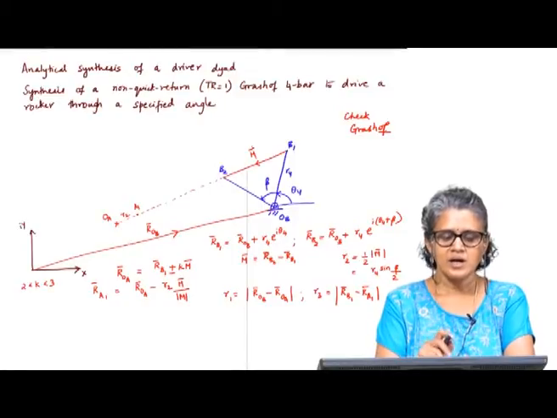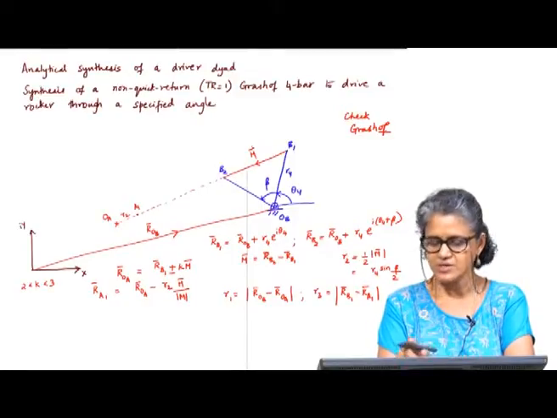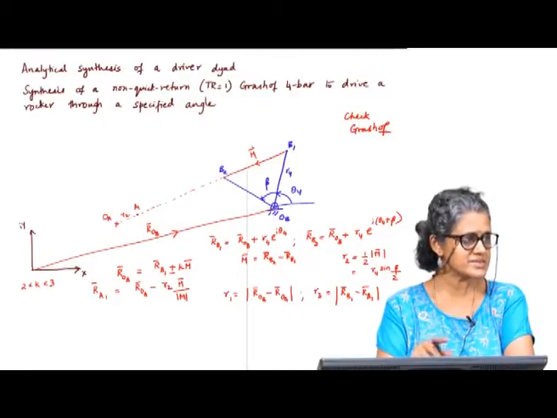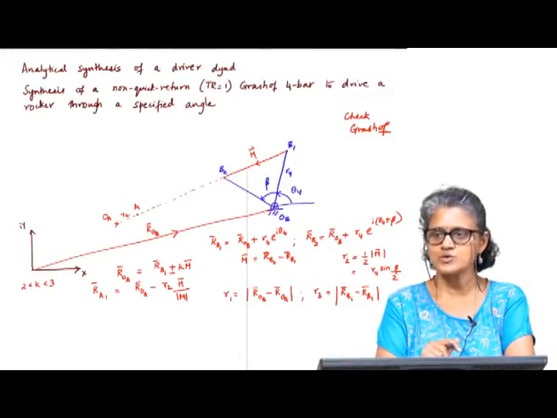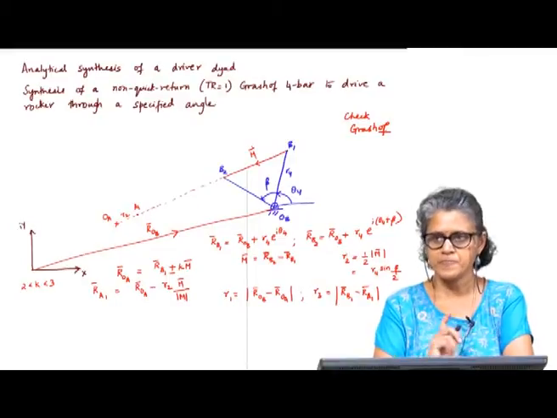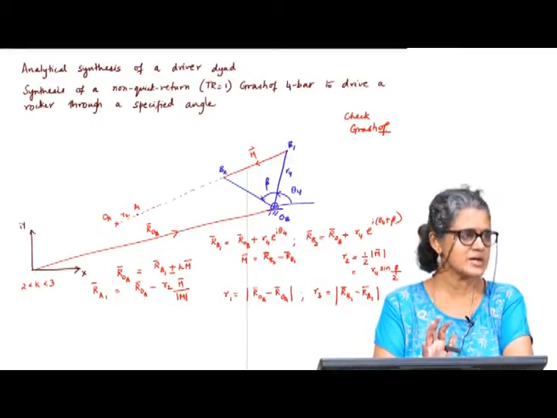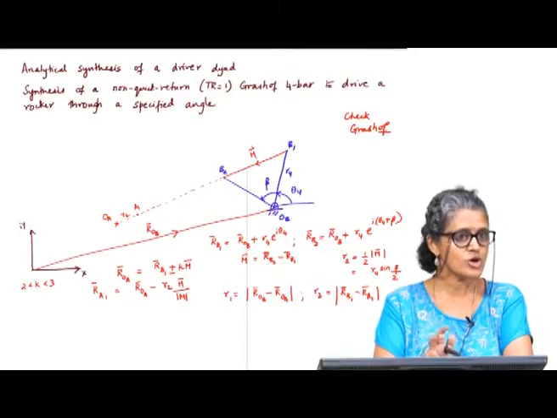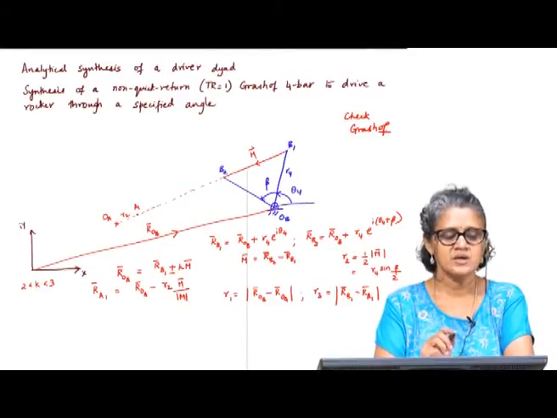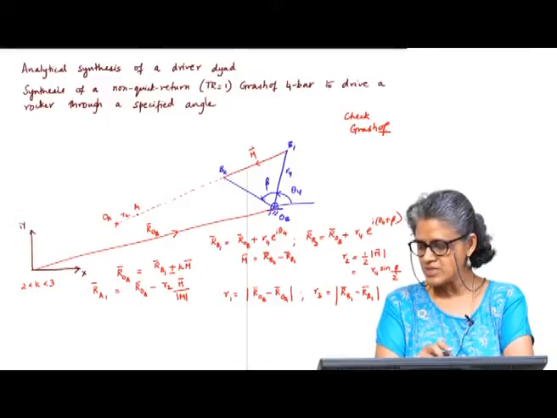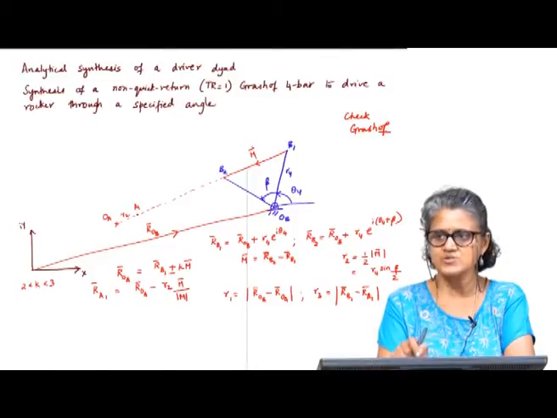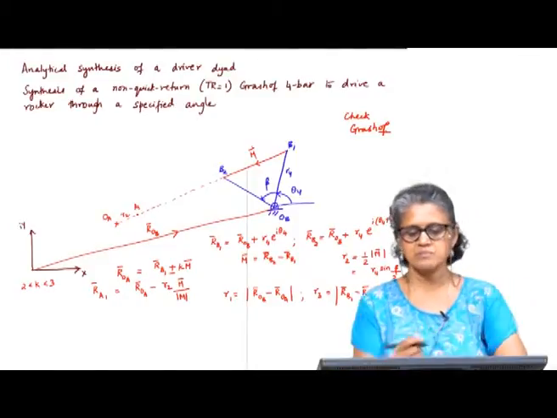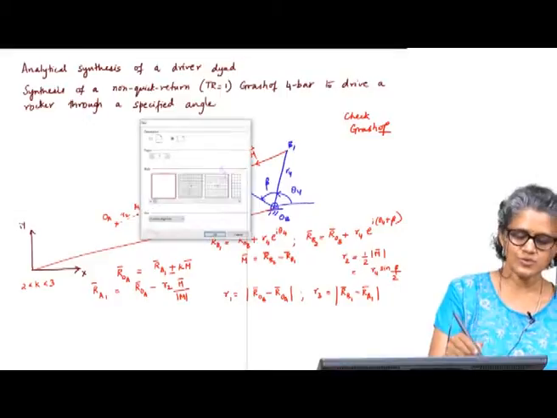It is quite important that you are able to simulate the linkage over its entire range, to determine whether it is reaching those positions without encountering a branch change or toggle positions. So, let me do the position analysis for those of you who have not done it using the complex number technique. Since I have some time today, I will do that very quickly.